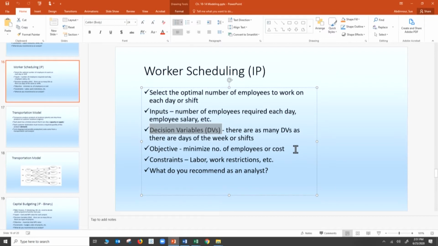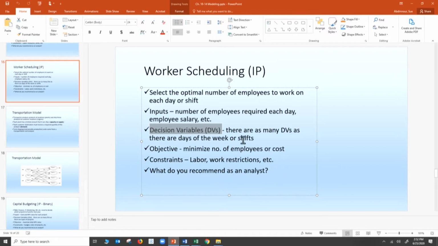So no manager wants to hire more employees than is needed to fulfill the demand by day of the week. The constraints are labor work restrictions, anything else like we talked about, work 5 consecutive days and then take 2 days off. So again, the question is, what do you recommend as an analyst?